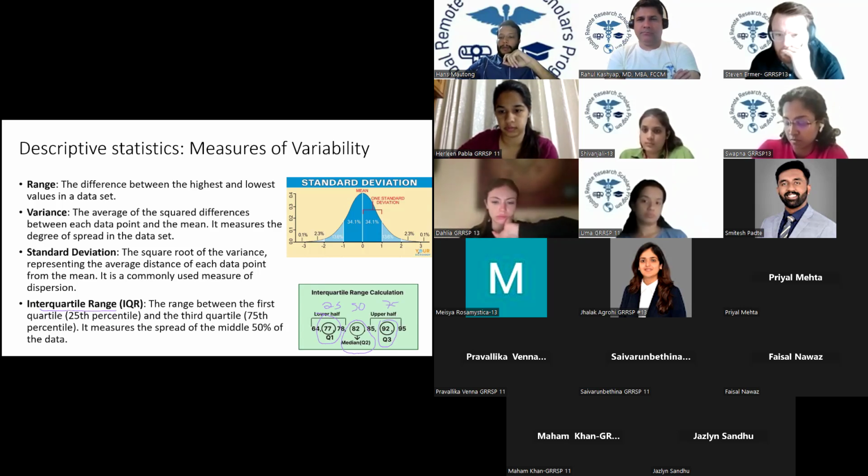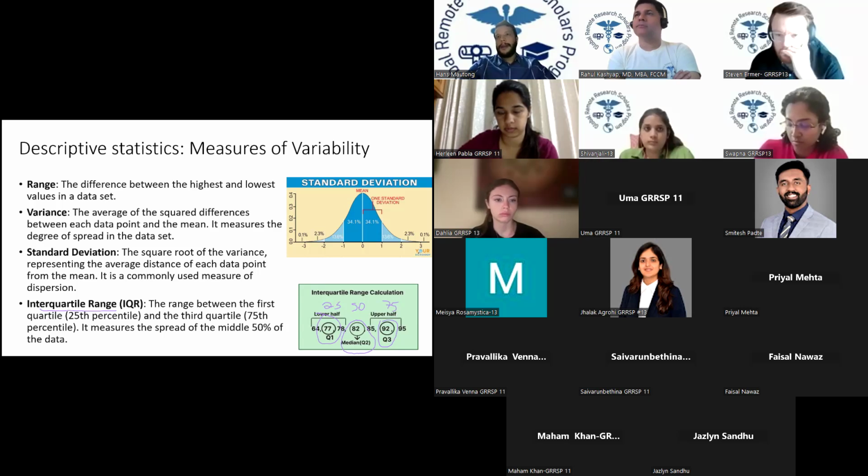So the interquartile range is something like a synonym. I like to view it as a synonym of the standard deviation, but for non-normally distributed data, because it serves the same purpose. Here is your median, which is your measure of central tendency, and here is the interquartile range where the values can go over.